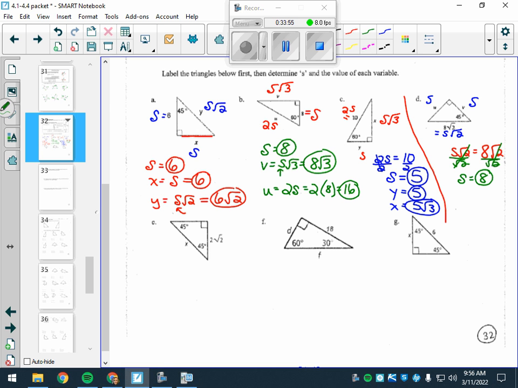If s root 2 equals 8 root 2, that means s must be 8. Right? Okay, now anywhere there's an s, you put an 8. That means v equals 8 and u equals 8. So your sides are 8, 8, and 8 root 2.